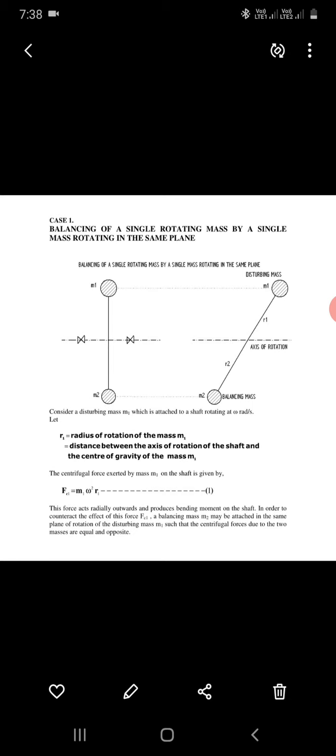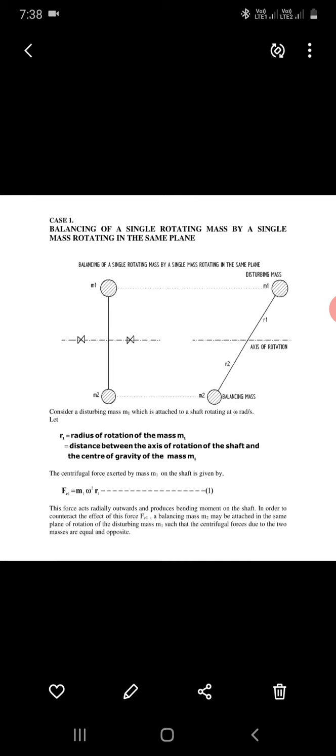This force is the centrifugal force which acts radially outwards and produces bending moment on the shaft. In order to counteract this effect of the centrifugal force F1, a balancing mass m2 has to be placed in the same plane of rotation and exactly opposite to that of the disturbing mass.